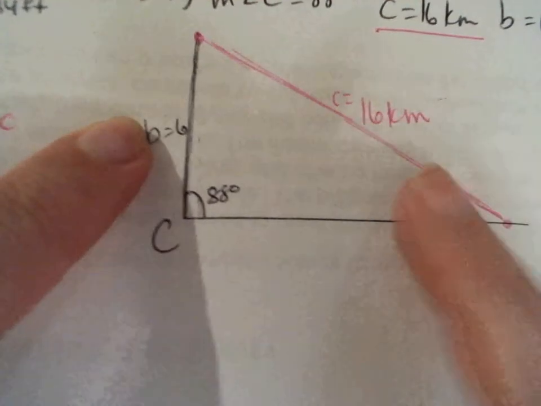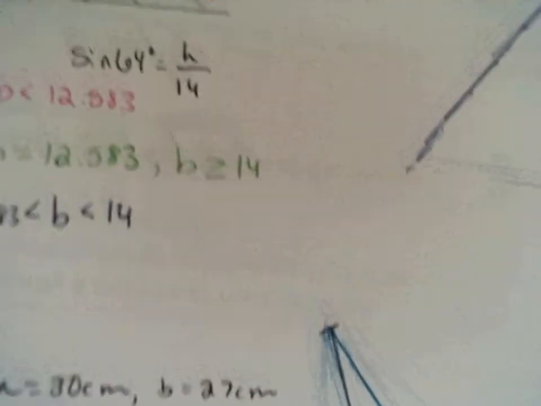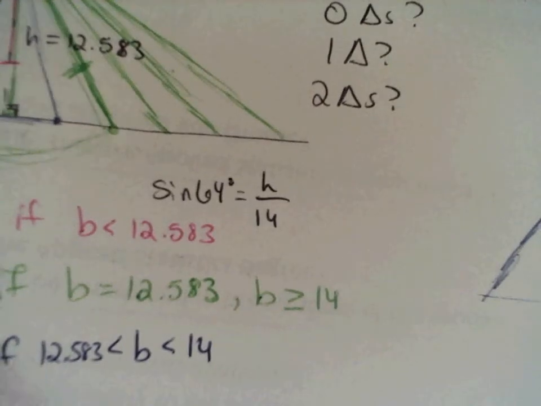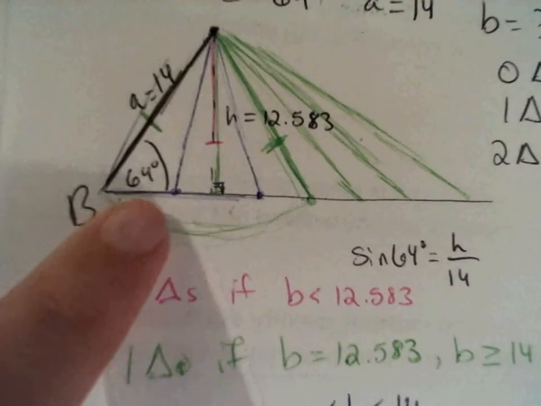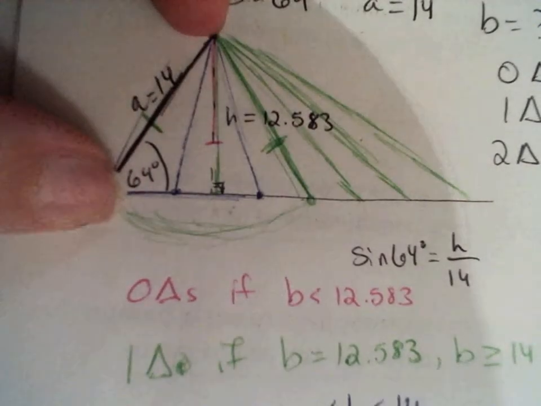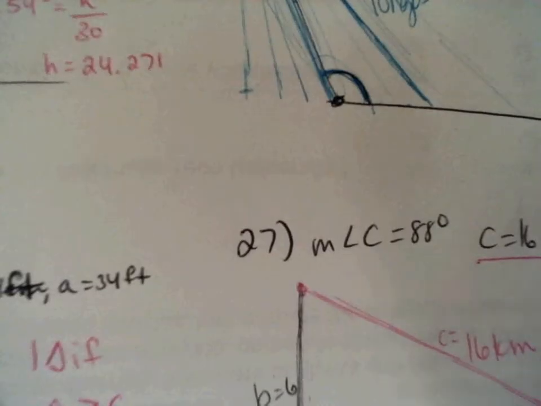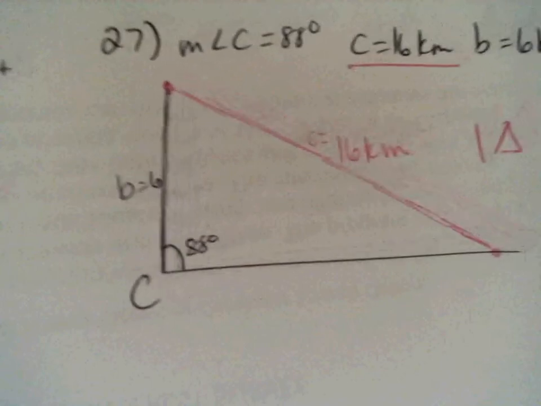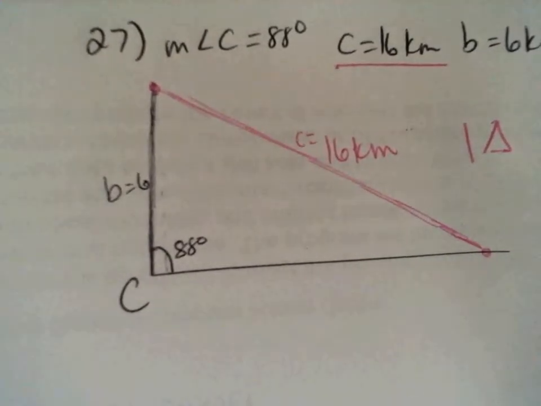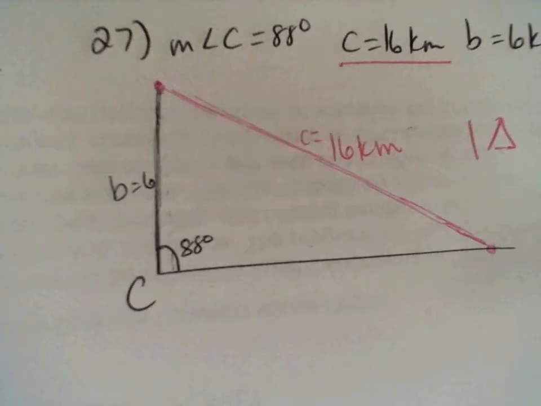So since this is a situation where the side length across from the angle is greater than the adjacent side length, if it's a lot longer, then it can only create one triangle. Okay? So that 16 is only going to create that one triangle because it's so much longer.